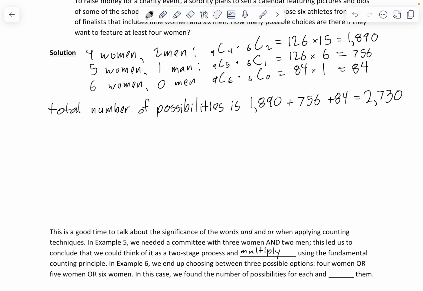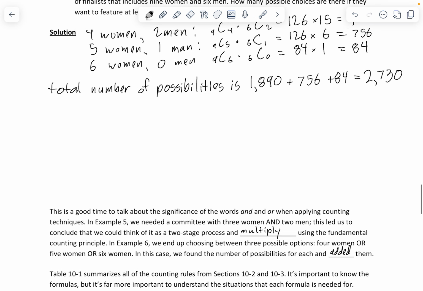In example 6, we ended up choosing between 3 possible options: 4 women, or 5 women, or 6 women. In this case, we found the number of possibilities for each and added them. So typically when we're talking about these sorts of problems, the word and often corresponds to multiplication, and the word or corresponds to addition.